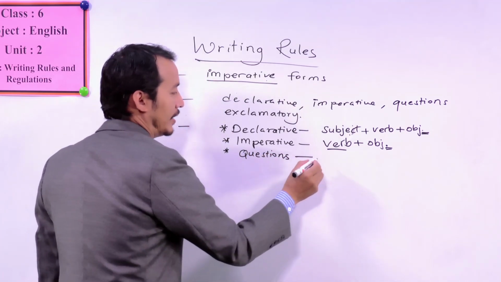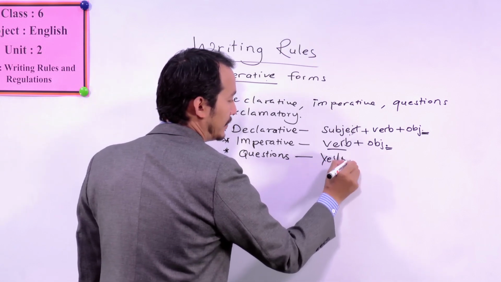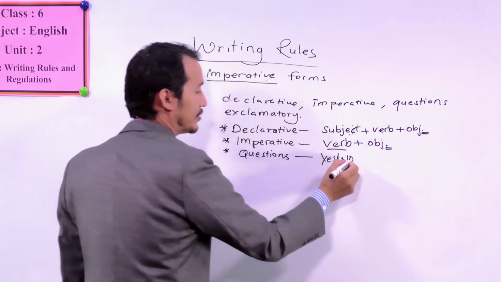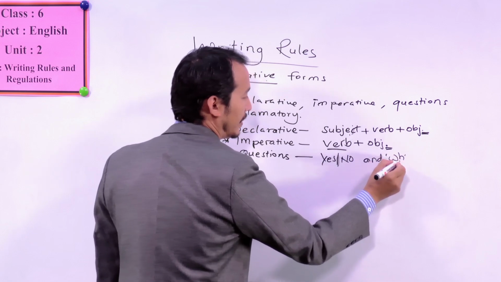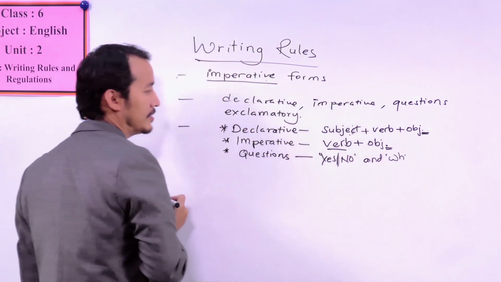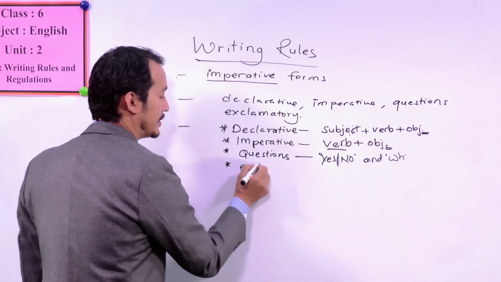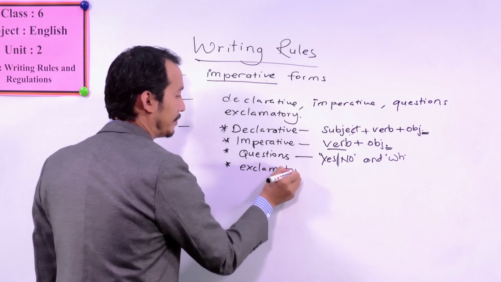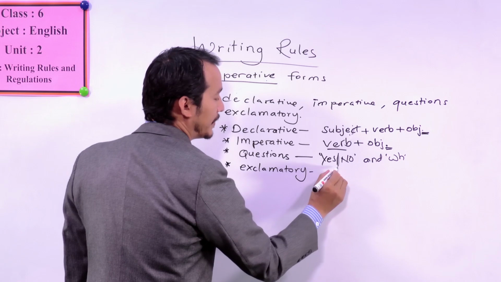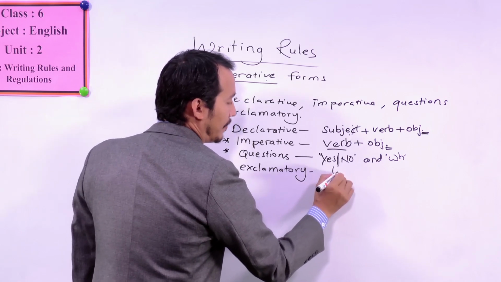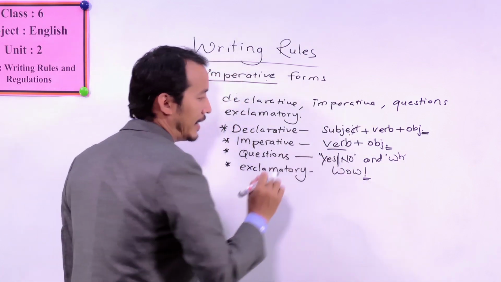Okay, you know that already. I am not going to show you the structure. WH questions are questions with WH words and yes/no questions are with auxiliary verbs. And we have exclamatory sentences, sentences with, for example, an exclamation mark at the end.